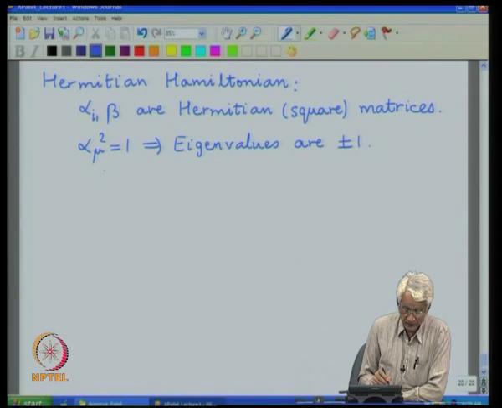Then, because the algebra involves anti-commuting objects, one can easily take advantage of that. Say, one can calculate the trace of, say, alpha i.